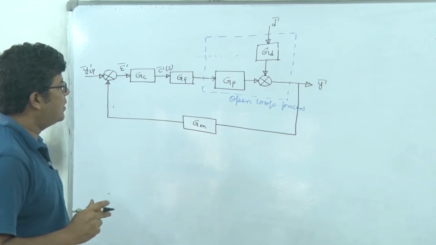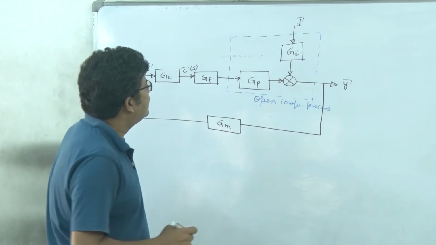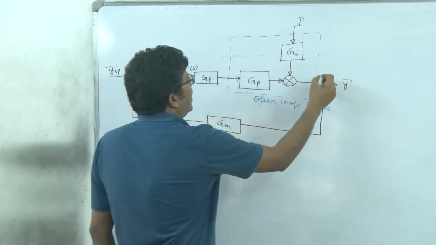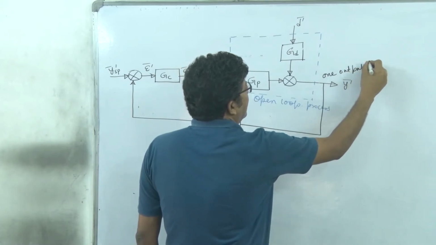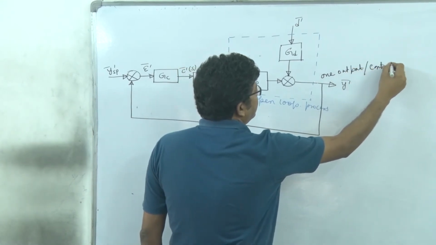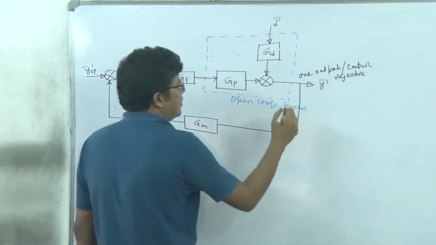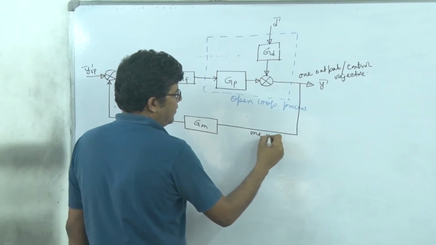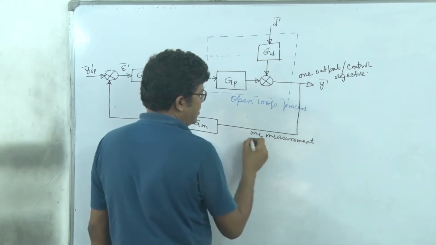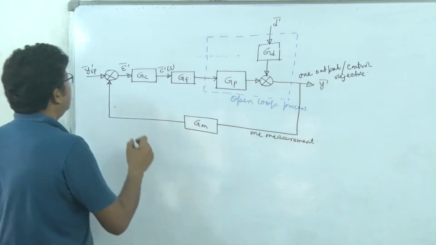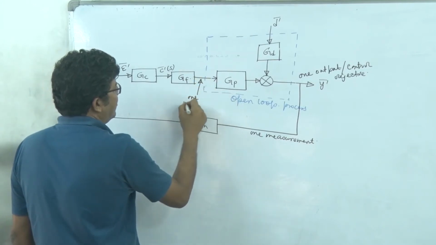So if you view this process again, we have one output or control objective, so definitely one measurement, and here we have one manipulated variable.